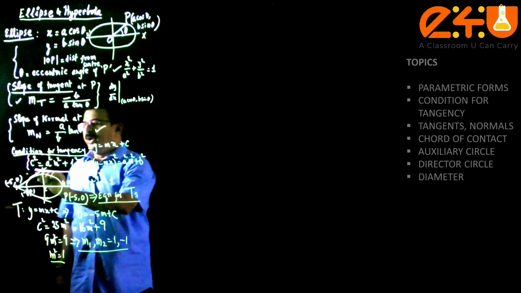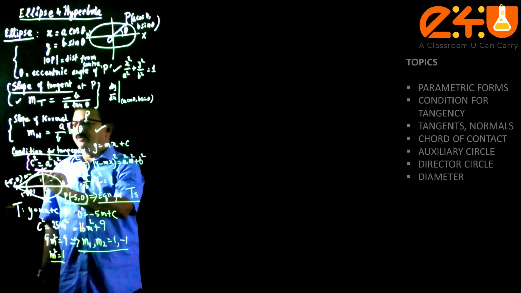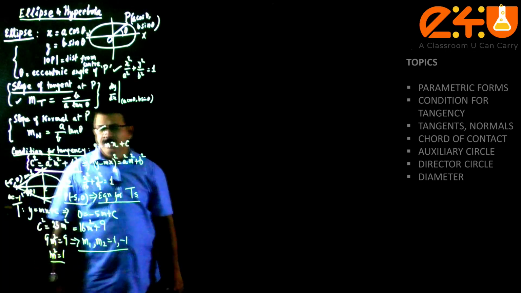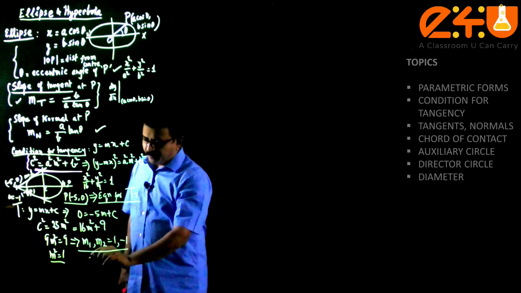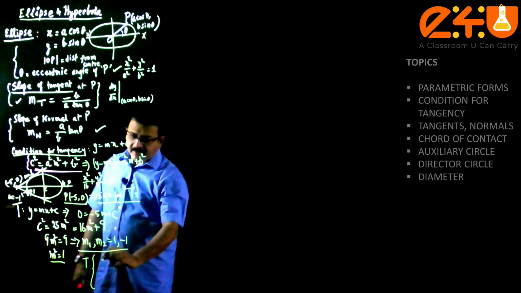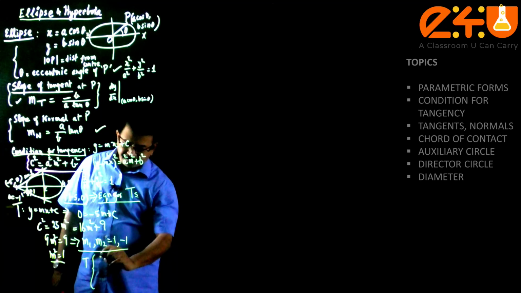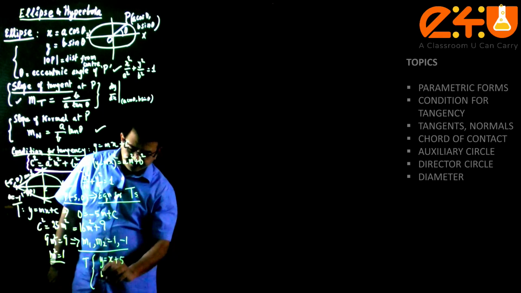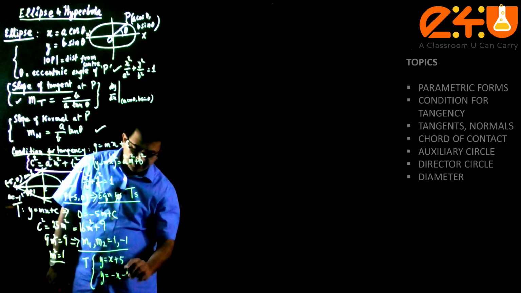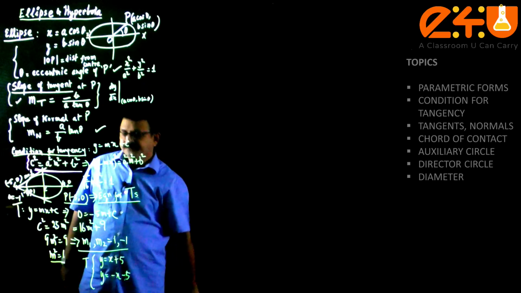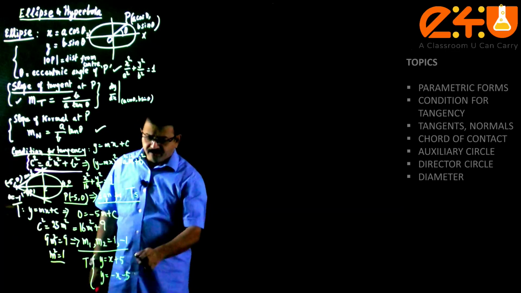So I get one slope positive 1, and another slope negative 1. So I can easily prepare the equations of the two tangents: y equals positive 1x plus 5, and y equals negative x minus 5.